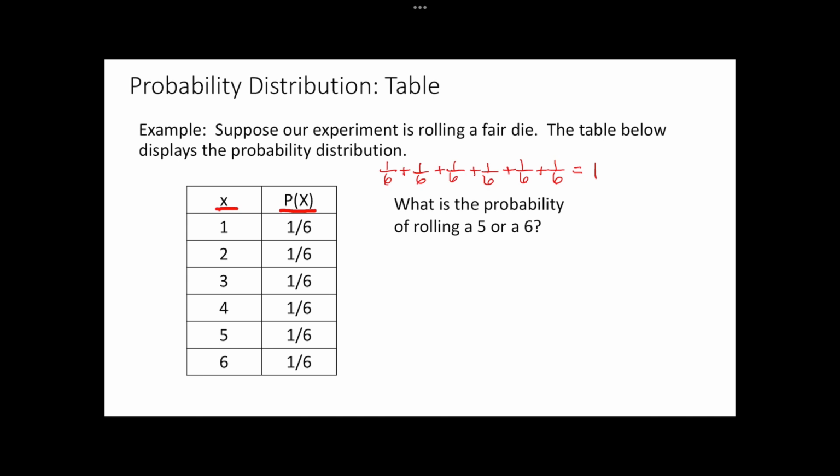So for example, what's the probability of rolling a 5 or a 6? Well, rolling a 5 or rolling a 6 are mutually exclusive events. So to find those probabilities, I can just take 1/6, the probability of rolling a 5, plus 1/6, the probability of rolling a 6. So the probability of rolling a 5 or a 6 is 2/6, or 1/3.